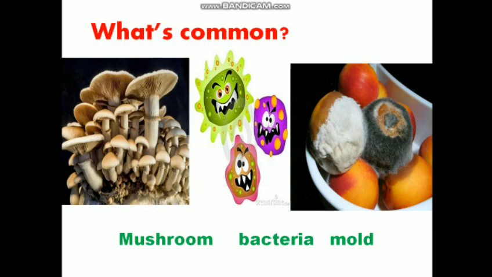Can anybody guess what is the common thing in these three pictures? Yes, the mode of nutrition that they share is common. The mode of nutrition is similar, and it is called saprotrophic nutrition.